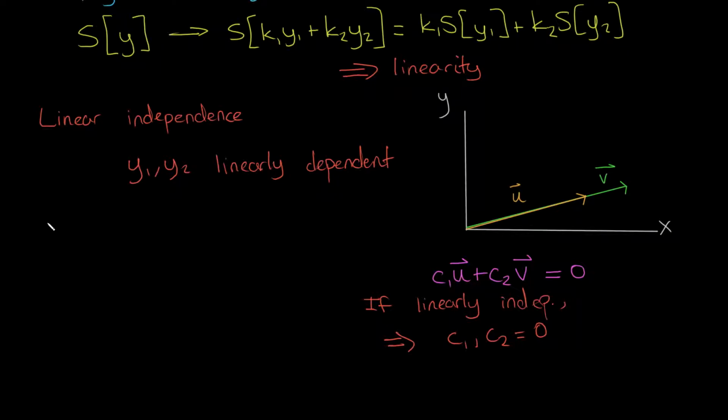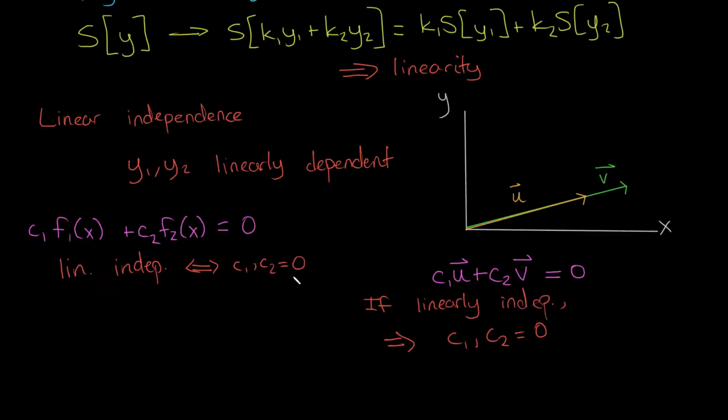If we have a function f1 of x and f2 of x, and we have c1 times f1 of x plus c2 times f2 of x, and we add them together and they equal 0, these two functions are linearly independent if the only solution for this is c1 and c2 equal to 0.